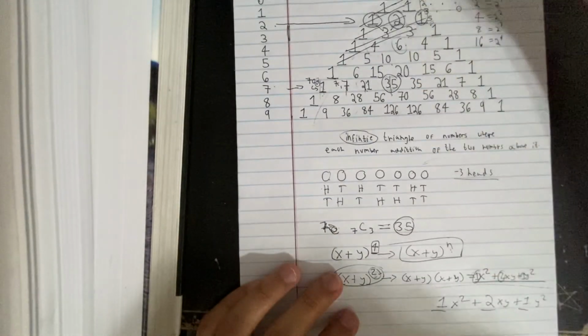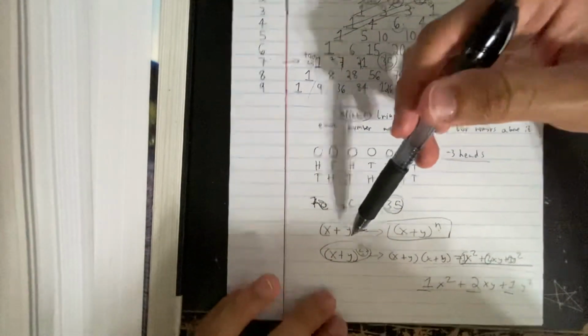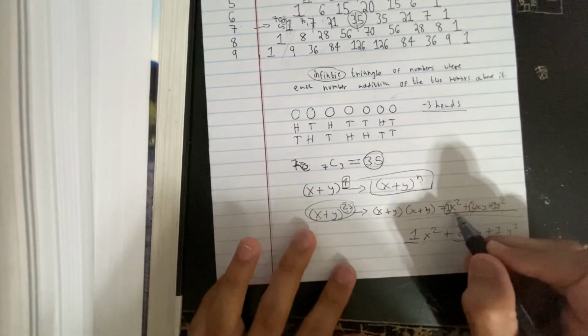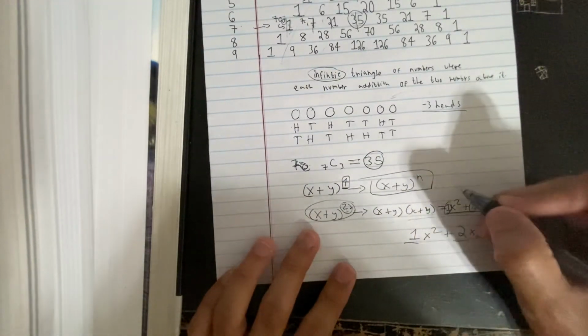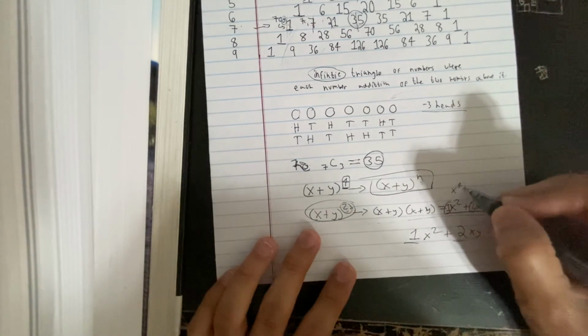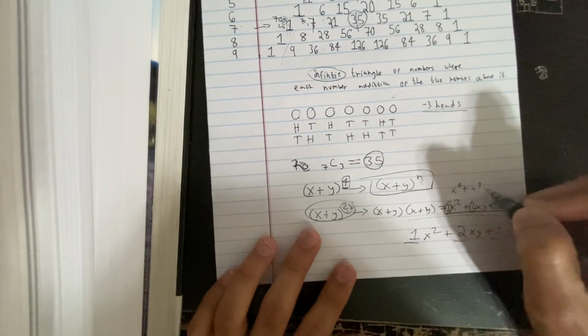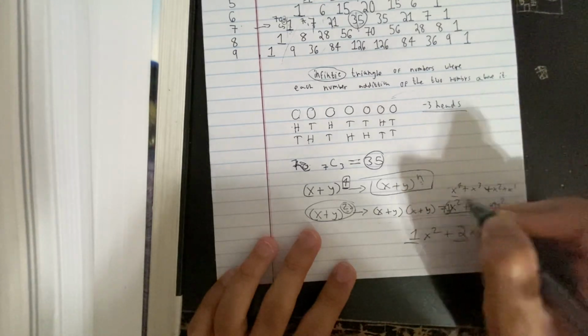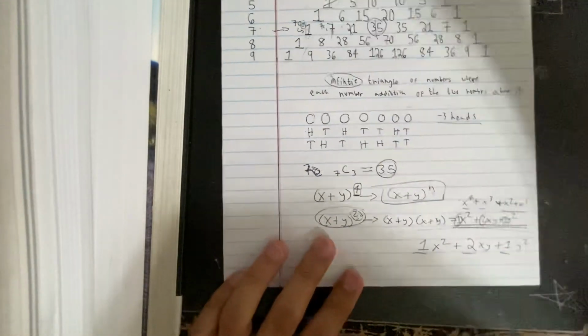So now, of course, logically speaking, as we have more binomials, there are going to be more variables, and there won't just be 3, right? There'll be like 4, 5, 6.